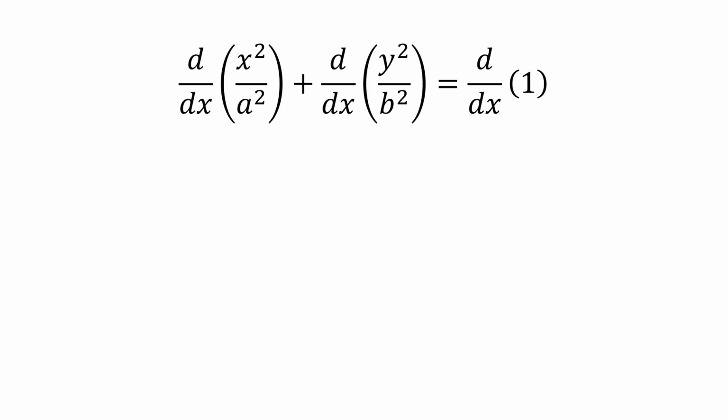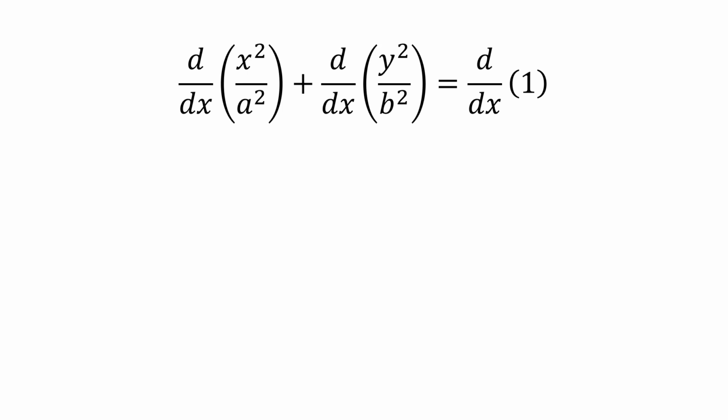To differentiate the first function, we apply the power rule to obtain 2x over a squared. Similarly, to differentiate the second function, we apply the power rule, but since y is also a function of x, we must also use the chain rule.